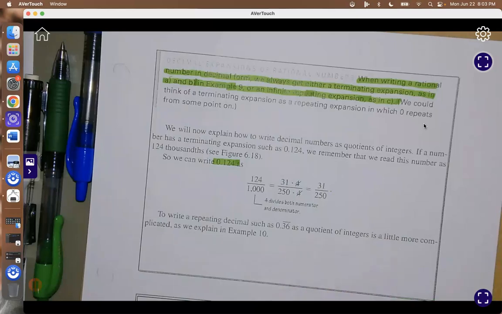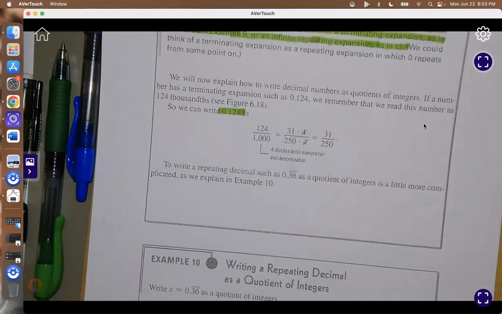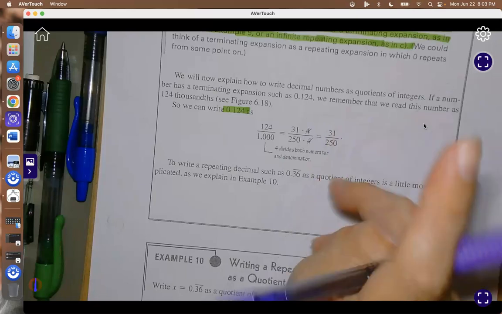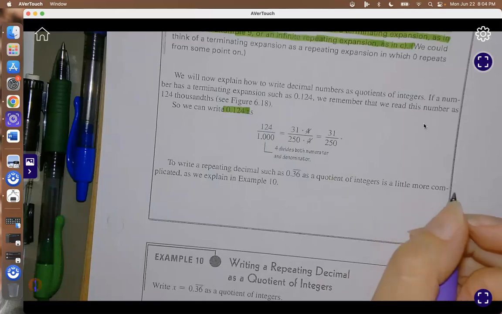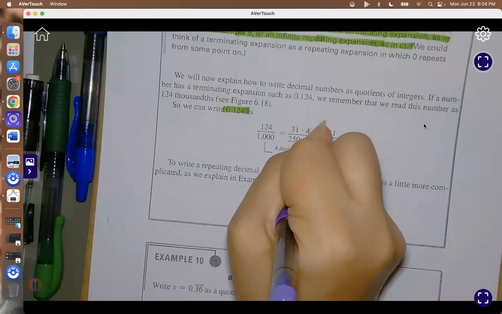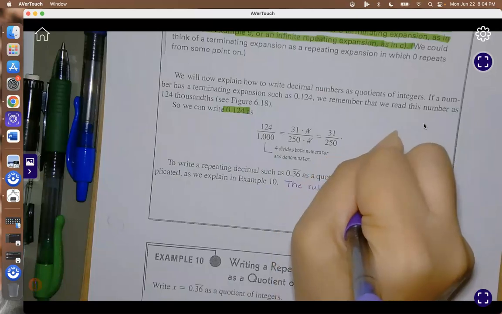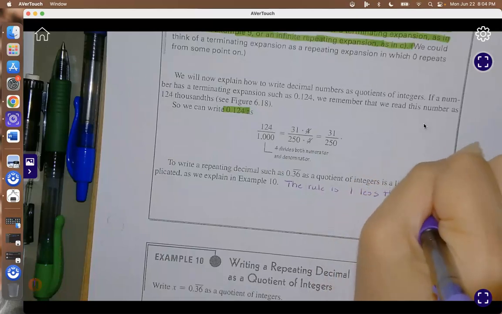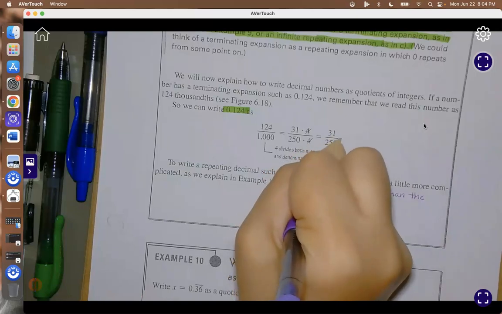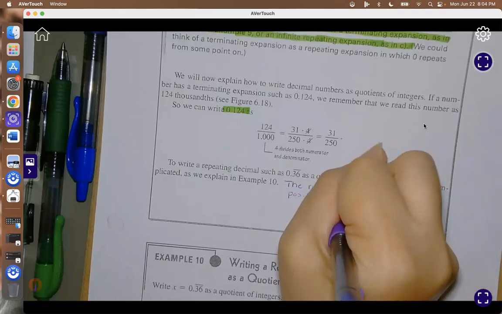Now, if it's a repeating one, okay, the rule is going to be that the denominator is 1 less than the position.